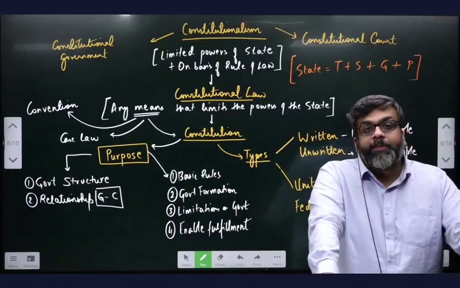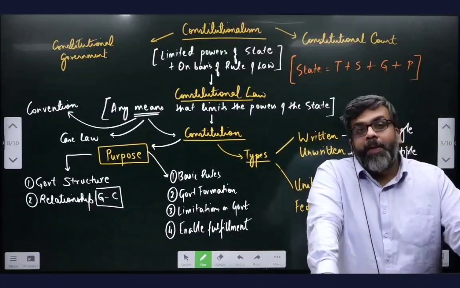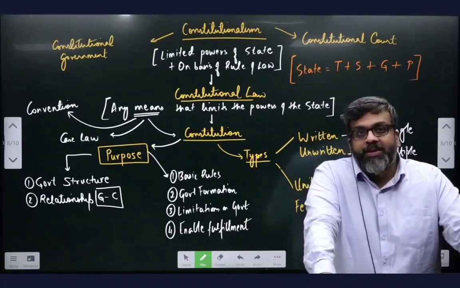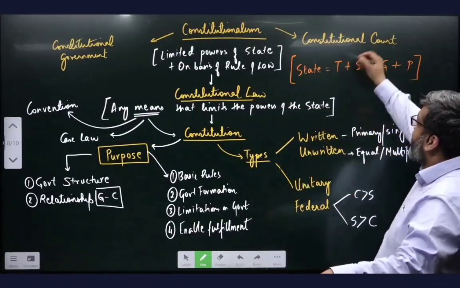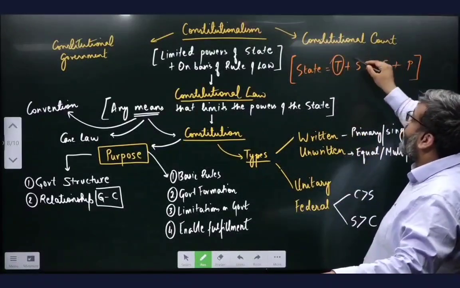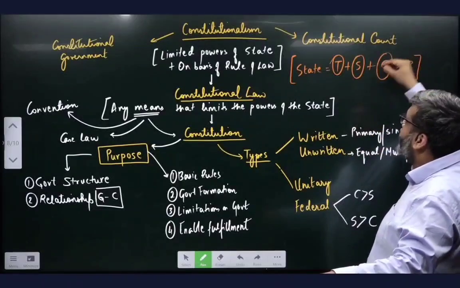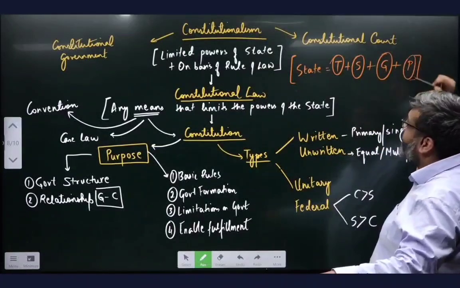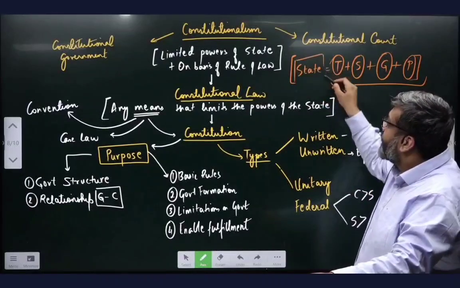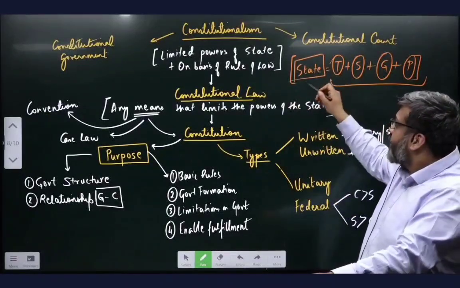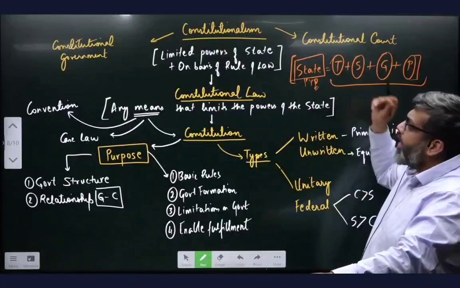Constitutionalism also speaks of limiting power. Who has power? The state has power. And the state has four ingredients: it has got to have territory, it has got to be sovereign, there needs to be a functioning government, and there need to be people. If you have these four, you can philosophically call yourself a state, which is again a PYQ question asked before.